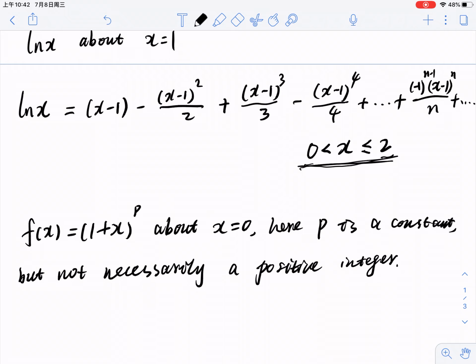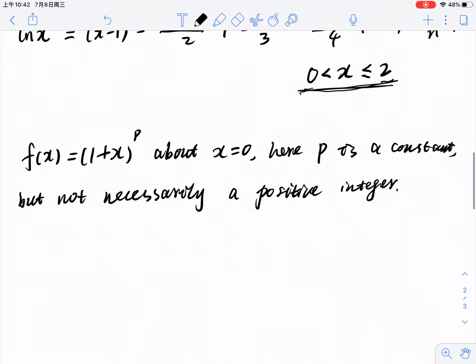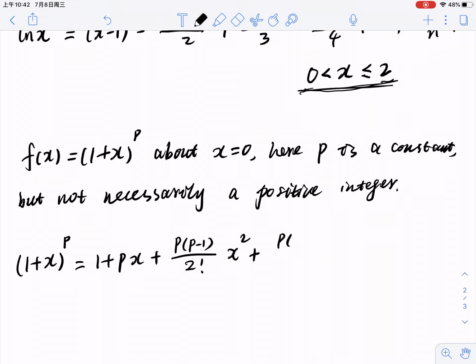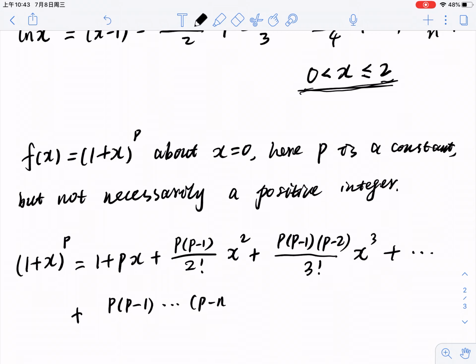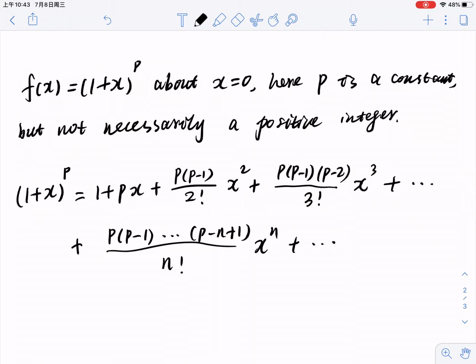The Taylor series for this function (1 + x)^p about 0 is 1 + px + p(p minus 1) over 2 factorial x squared + p(p minus 1)(p minus 2) over 3 factorial x cubed, then plus ... plus p(p minus 1)...(p minus n plus 1) over n factorial x^n, then plus ... This holds for the absolute value of x less than 1.